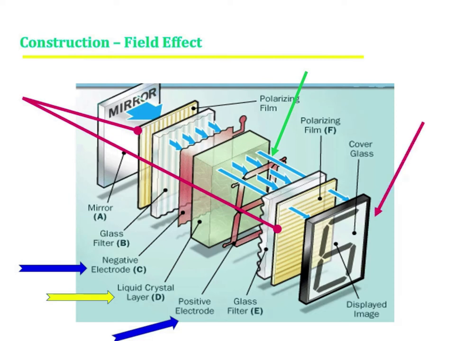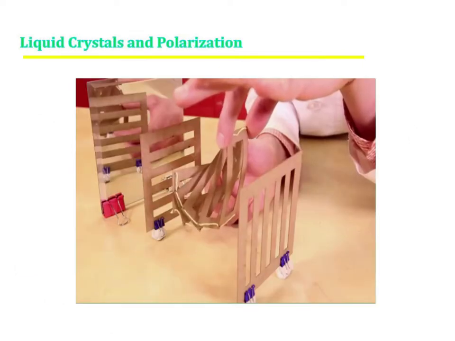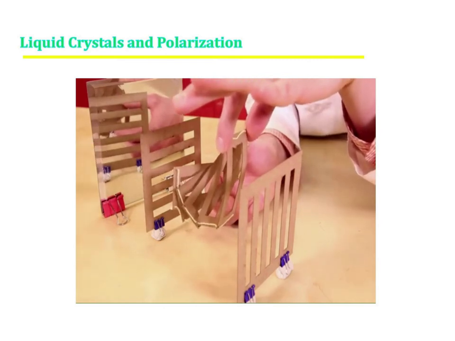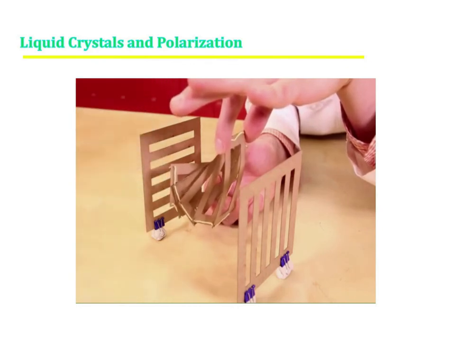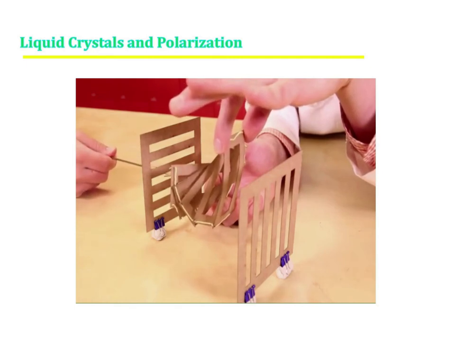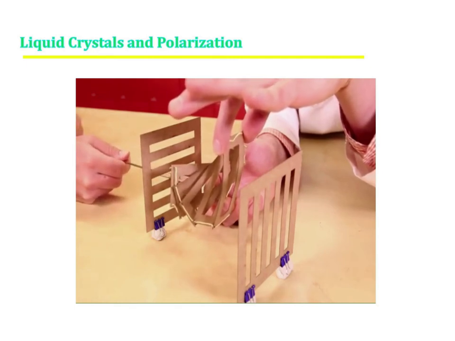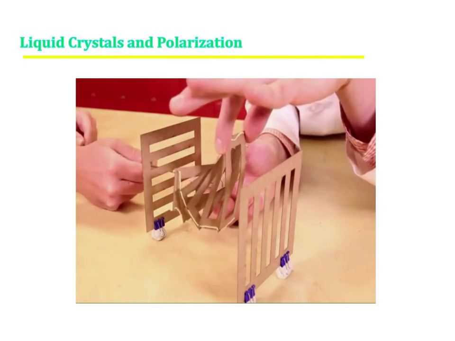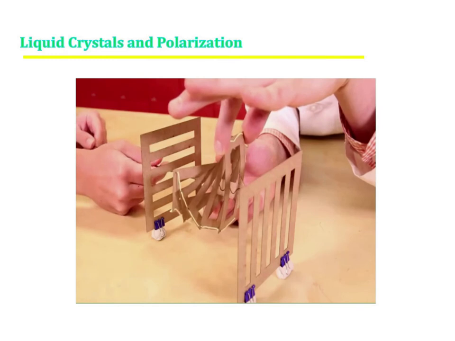Now we will see when twisting of light happens and when not, with the help of a short animated video. Of an LCD, we would see several layers. In the back is a mirror or panel that produces light. This shines unpolarized light onto our LCD segment. The first layer is a polarizing filter, which only allows light vibrating in one direction to pass. This polarized light flows through our twisted nematic liquid crystal, where the polarization is twisted by 90 degrees.